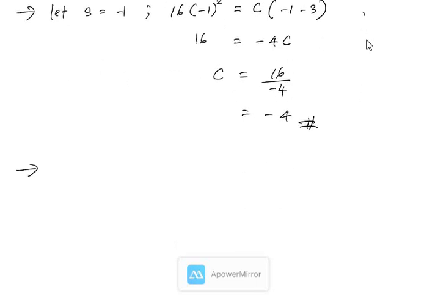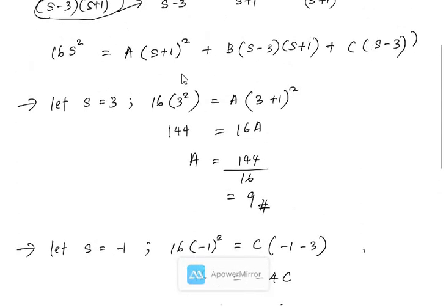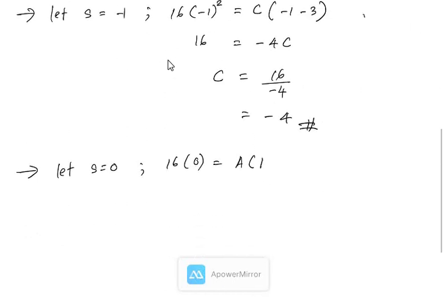And next we assume s is equal to 0, so we substitute 0 into the equation. The left side is 16 times 0, and on the right we have A times 1 to the power of 2, plus B times (minus 3)(1), plus C times (minus 3).